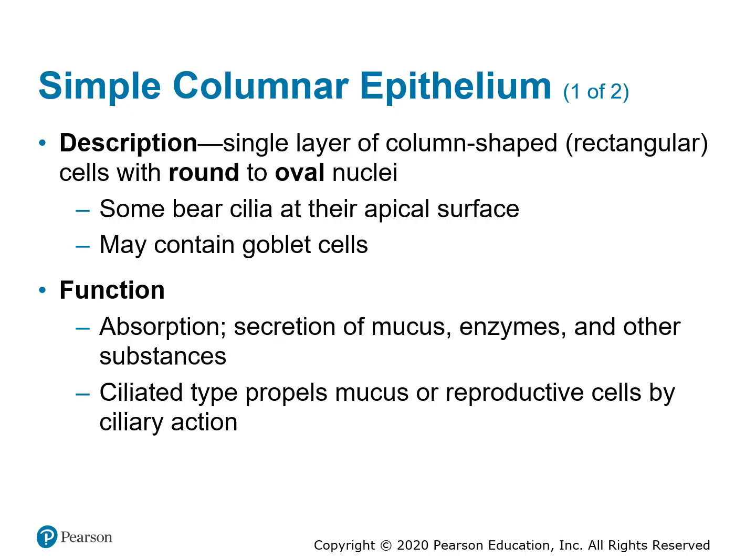Okay, simple columnar. So simple again, simple columnar. These are the tall guys. Some of them have cilia at their apical surface. Cilia are basically just like little hairs that help move things along. So you might see some of these columnar cells in your trachea, when you need to clear your throat first thing in the morning.